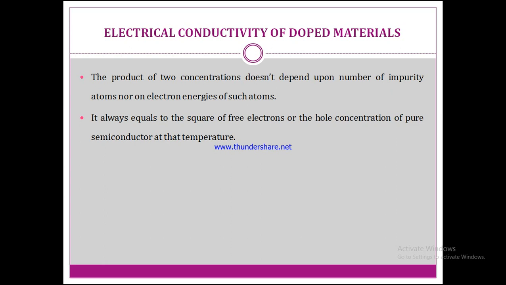Now, in general, we can say that for an impurity type semiconductor, the conductivity at low temperatures is smaller than that for an intrinsic semiconductor. But at higher temperatures, the behavior of impurity type semiconductors is very similar to that of the intrinsic types.